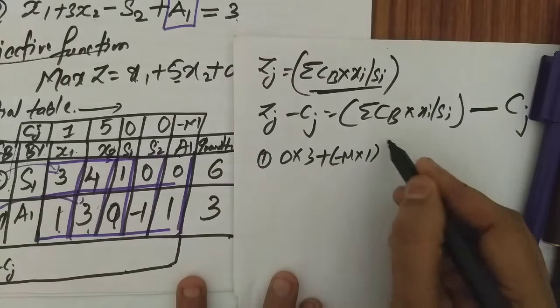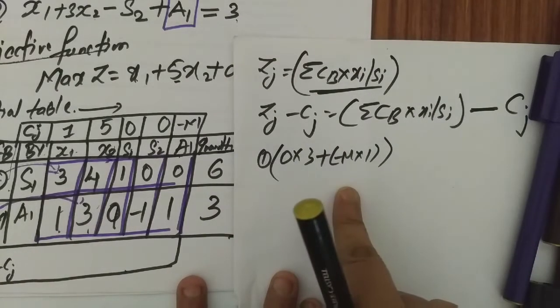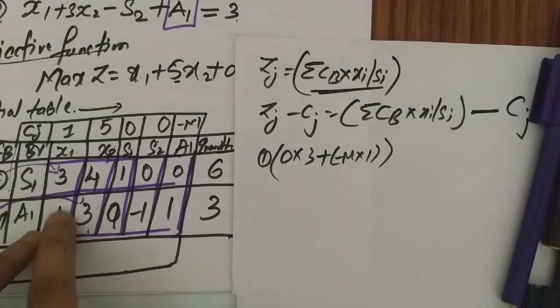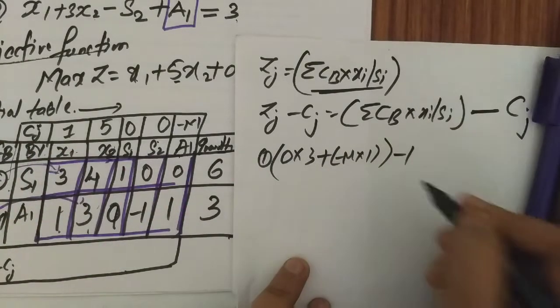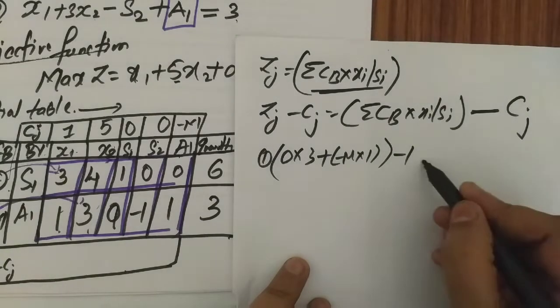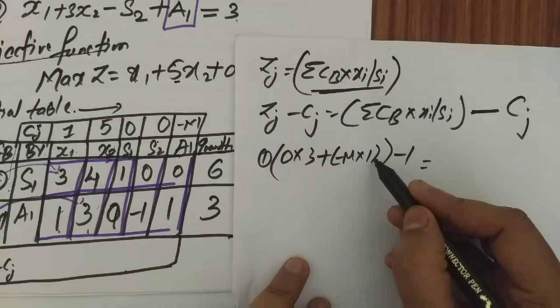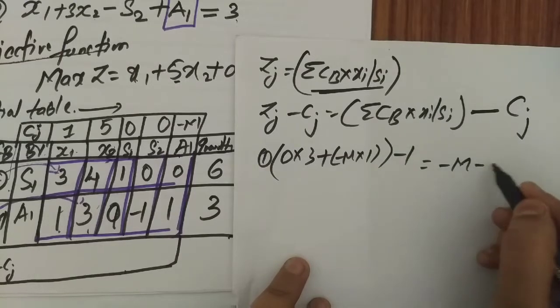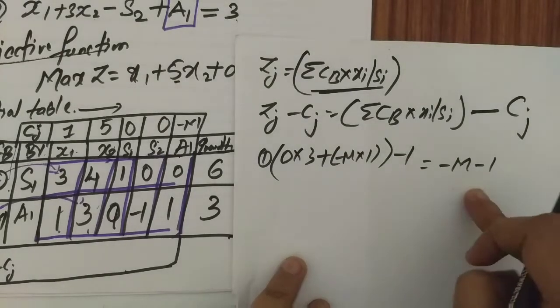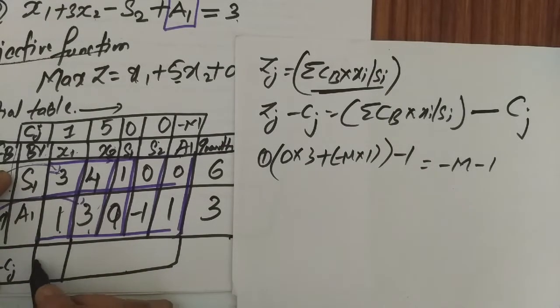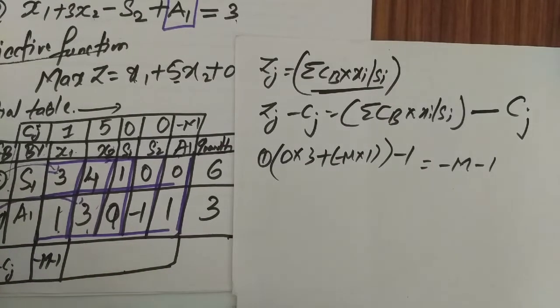Whatever you get, this product has to be subtracted from Cj. The corresponding entry of Cj is 1. So we get minus m minus 1. This value has to be entered in the first entry of Zj minus Cj.